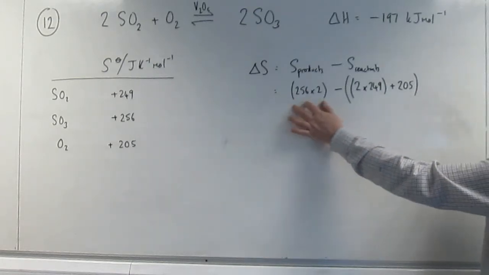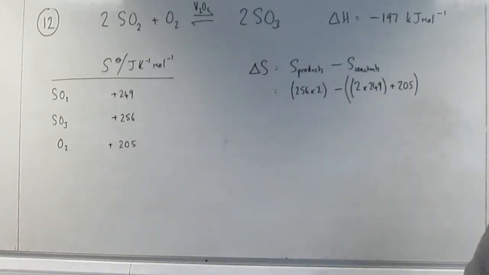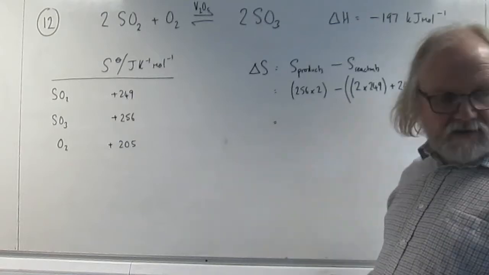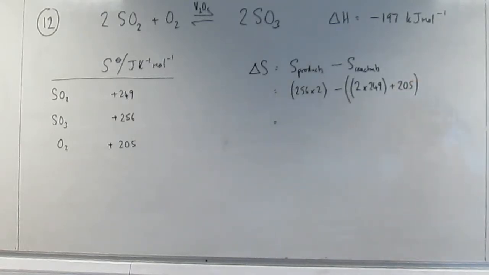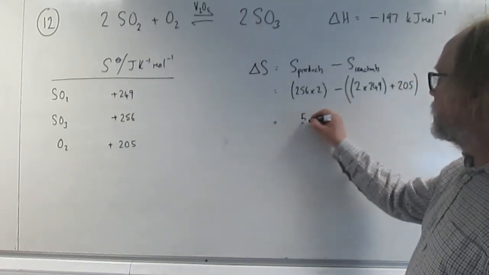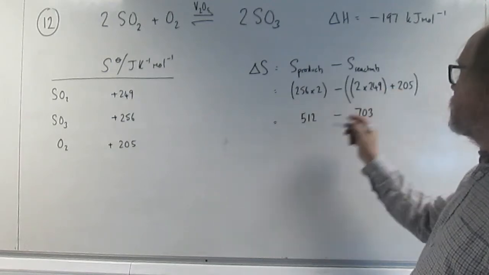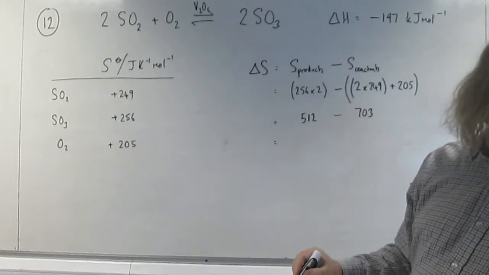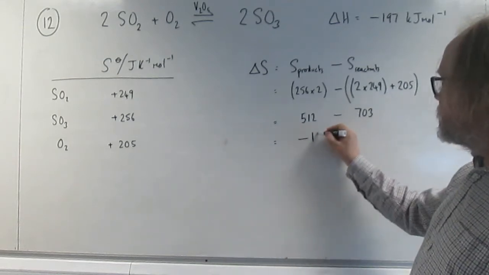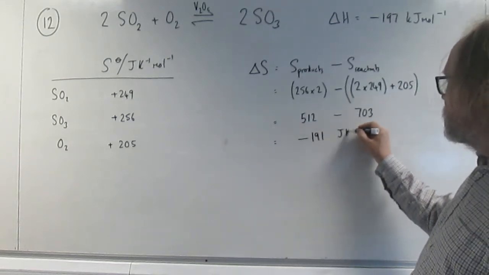Okay, so it's plus these and then minus all of those. And if you crunch those numbers, you get 512 minus 703, if you work that lot out, which comes to minus 191 joules per Kelvin per mole.